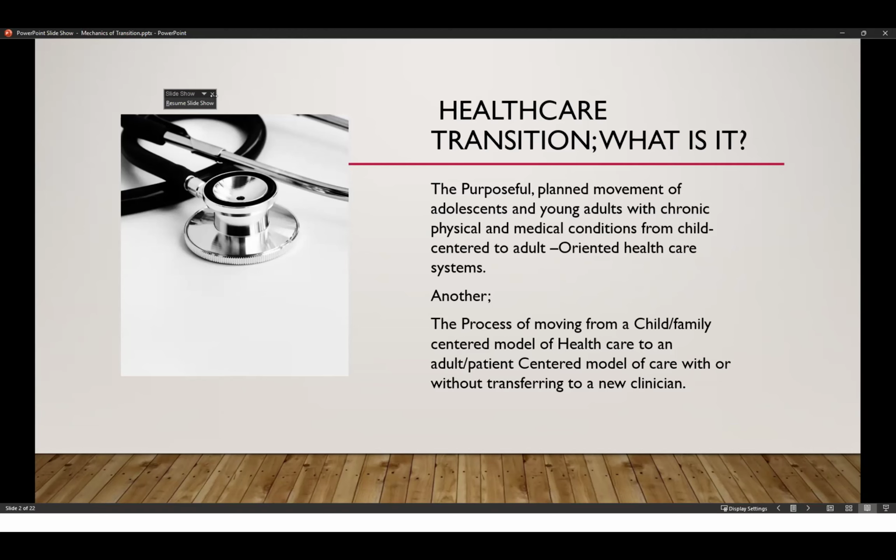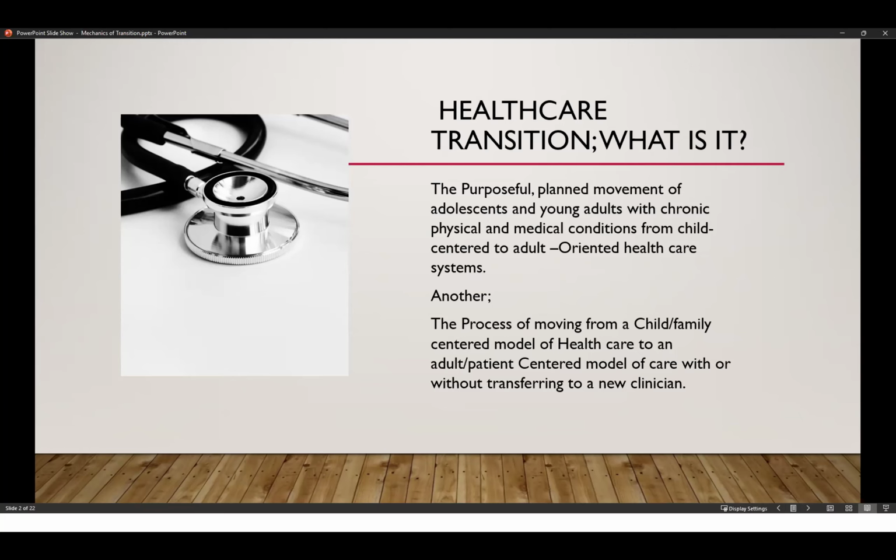And so I'll give two definitions that were selected in terms of what transition is. And because it's definitions, I'm going to read them. The first one is: the purposeful planned movement of adolescents and young adults with chronic physical and medical conditions from a child-centered healthcare to adult-oriented healthcare system. The other definition is the process of moving from a child or family-centered model of healthcare to an adult or patient-centered model of care, with or without transferring to a new clinician.